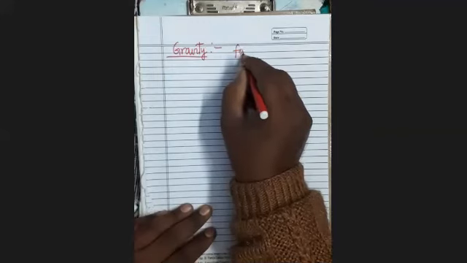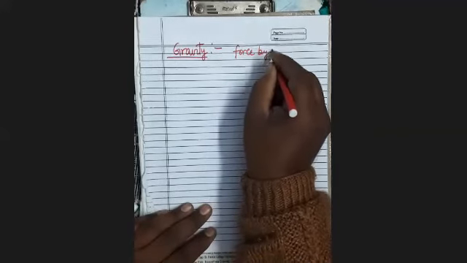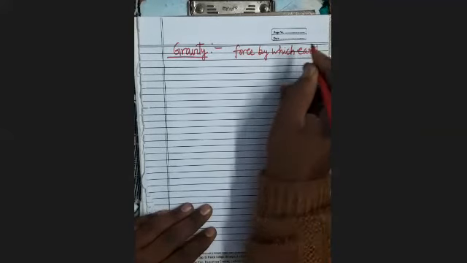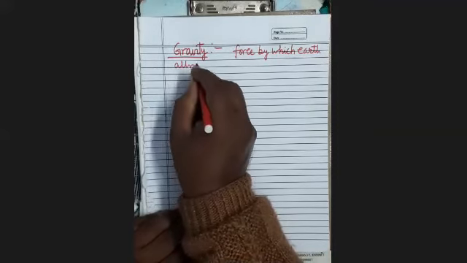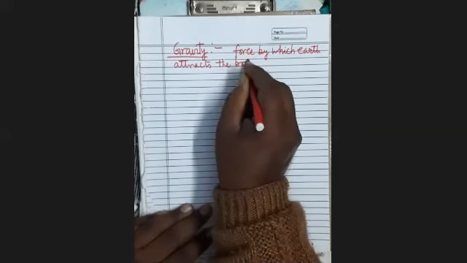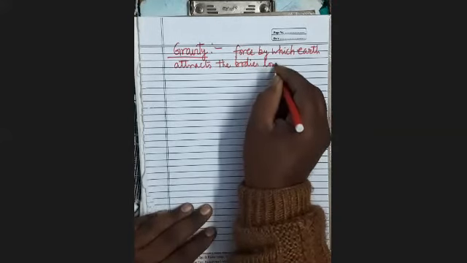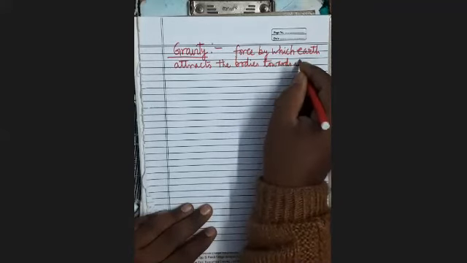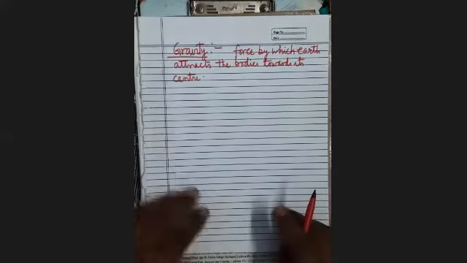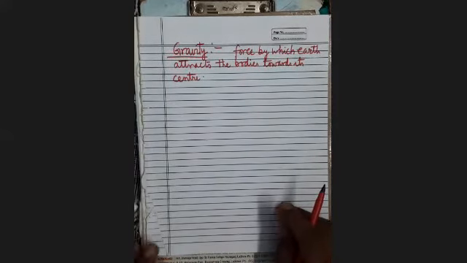For our purpose, gravity is the force by which the earth attracts the bodies towards its center. That is called gravity. It's clear. That thing is called gravity.